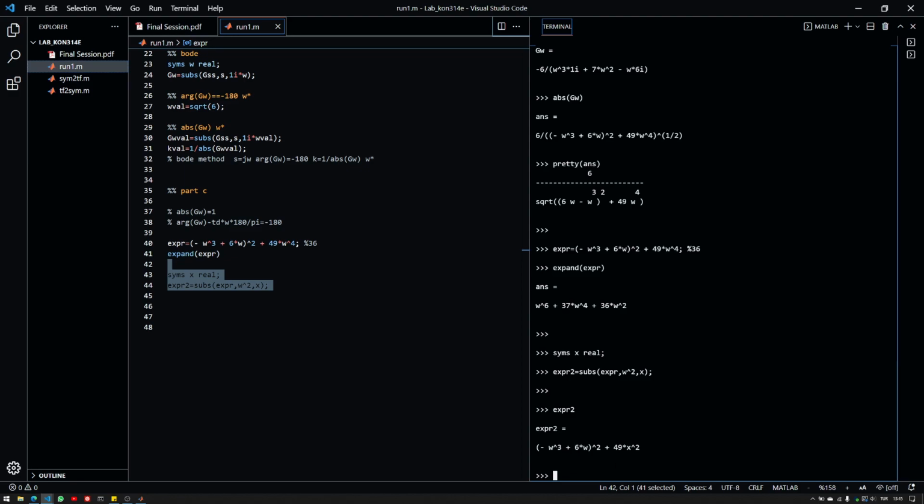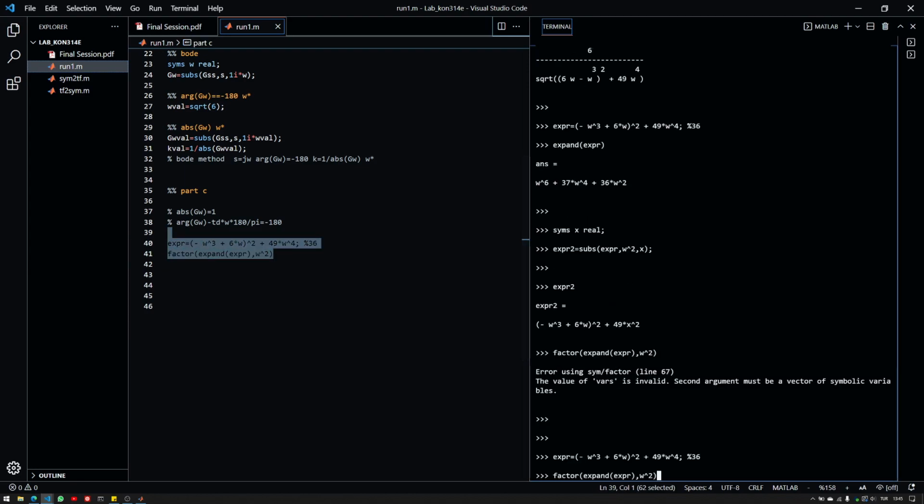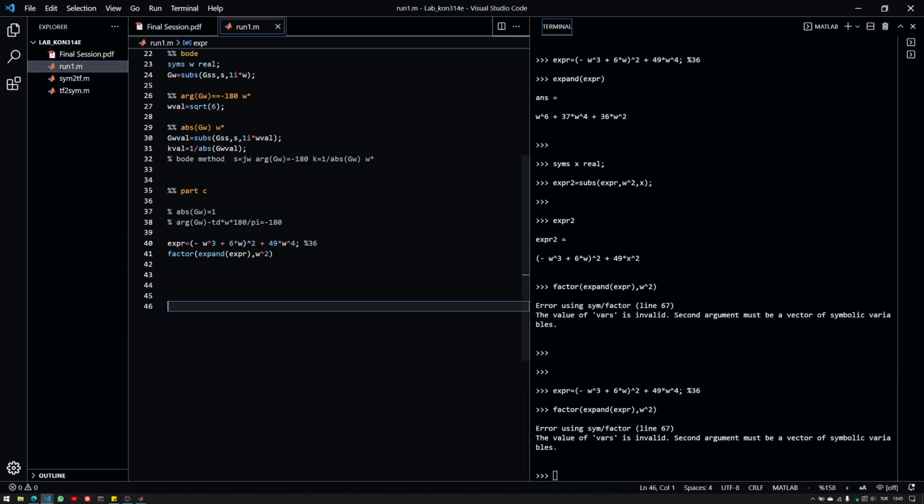This did not really help, but instead we could just factor it out. Maybe omega squared factored out. I guess we should use factor on its own.